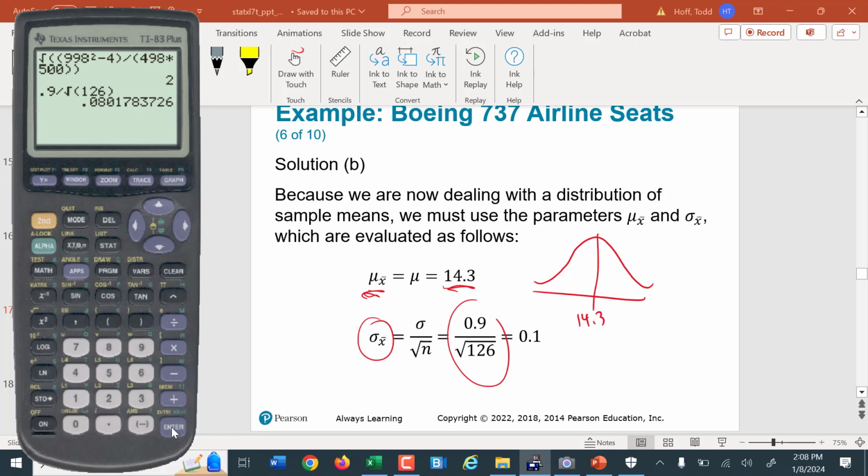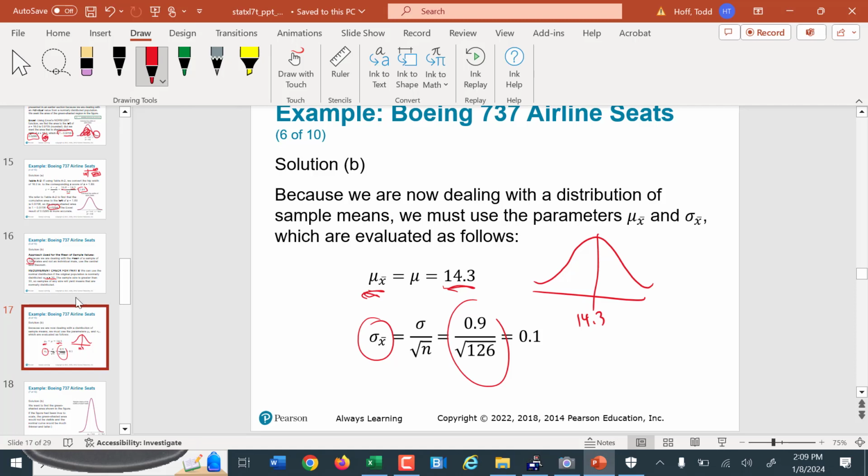If I wanted to be really precise here, I would use the 0.08. But remember, this textbook is using rounding to 1 decimal place, 1 place beyond the data here. So the 0.1 is what we're going to use for this standard error. That's going to cause some significant round-off errors. I'll show you the difference as we do the calculation. Still, it's going to be pretty much the same answer that we get.